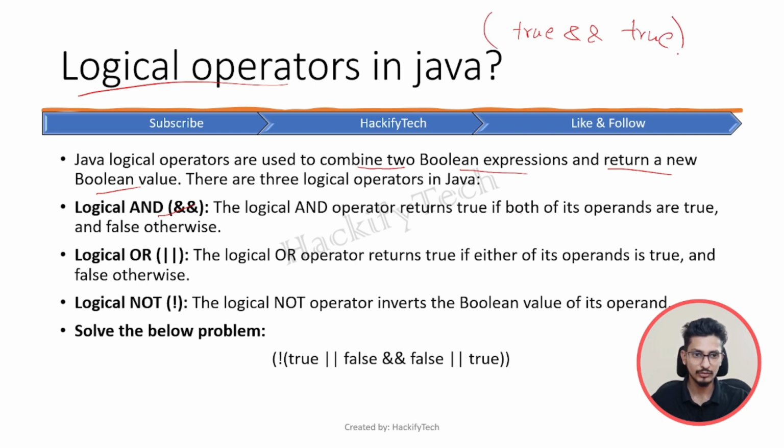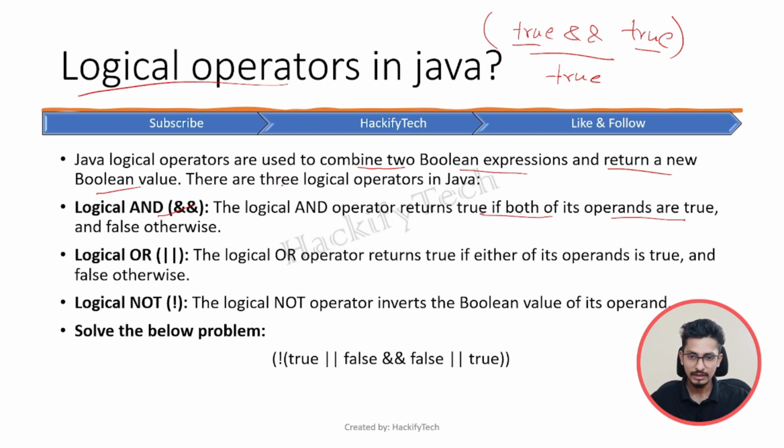So I can add two conditions which will return boolean values and I can compare them, and the result of this will be true. Why true? Because it will return true if both the statements are true, when both the operands are true. I'll explain this in detail.